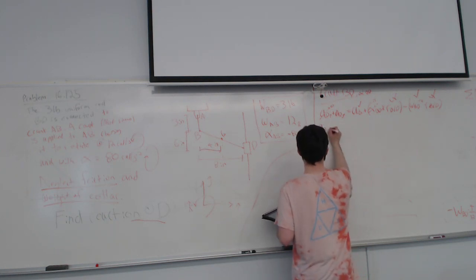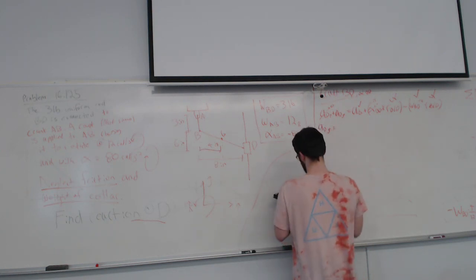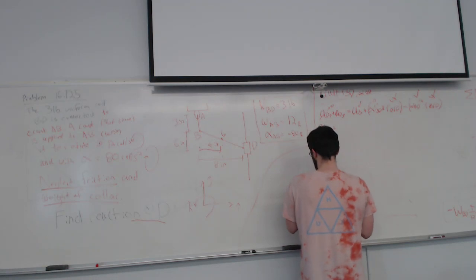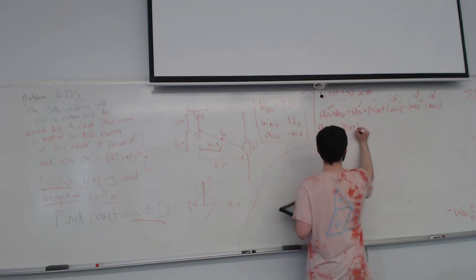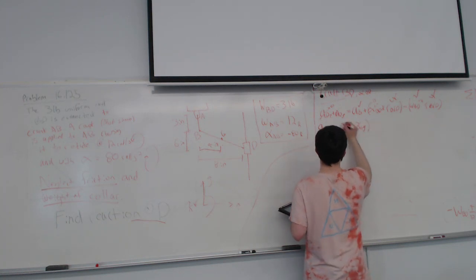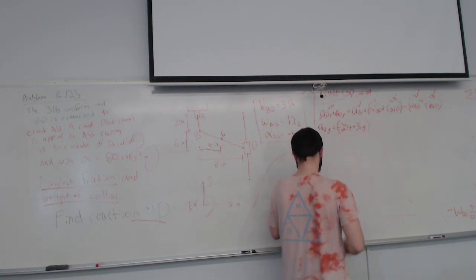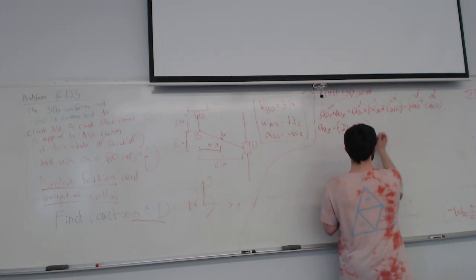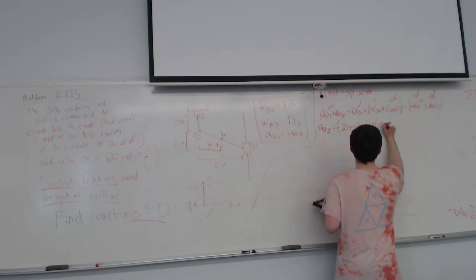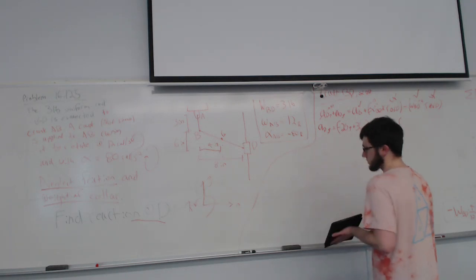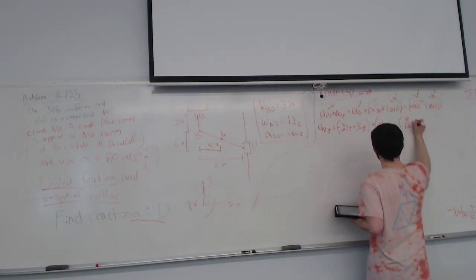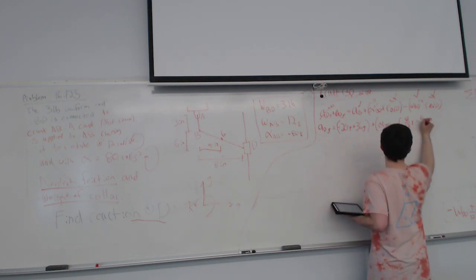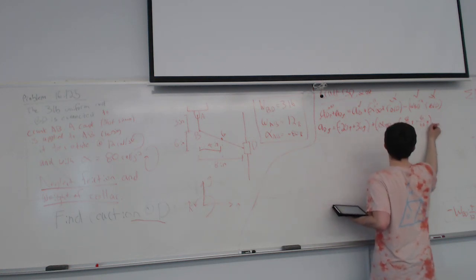Acceleration of d in the j is equal to the acceleration of b that we found earlier, which was -20 in the i plus 36 in the j. So that's the acceleration of b part. Then this is alpha bd in the k crossed with the position vector, that's 8/12 in the i minus 6/12 in the j.